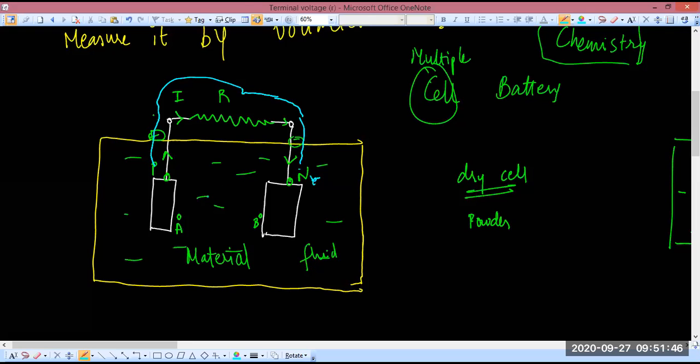But if that would continue, this would become positive. I hope you understand what I'm saying, right? If electrons would continuously leave from here, after some time this would get a positive charge and this would get a negative charge, then I'm sure the process would stop, right?